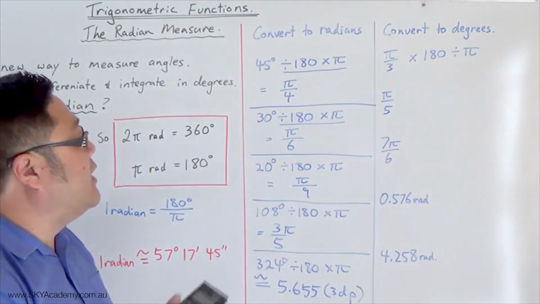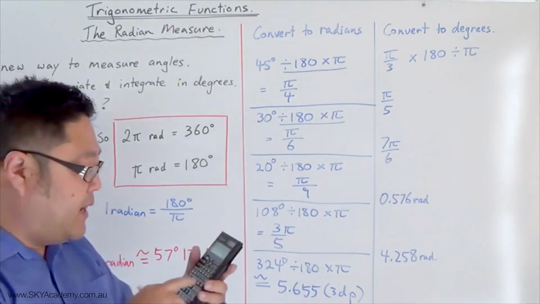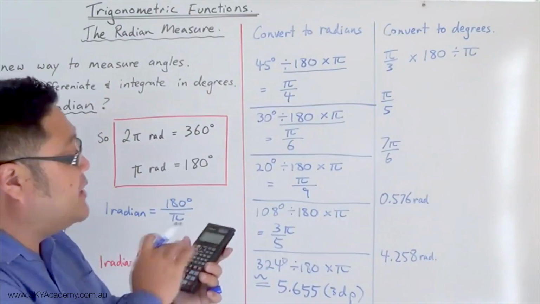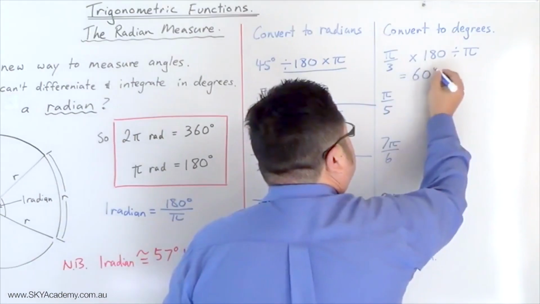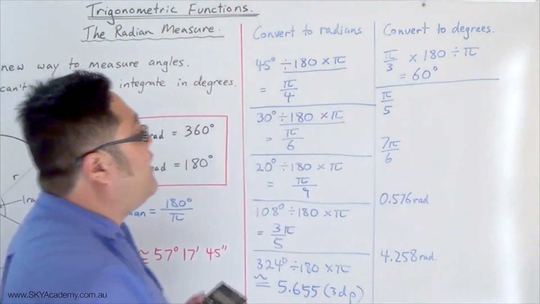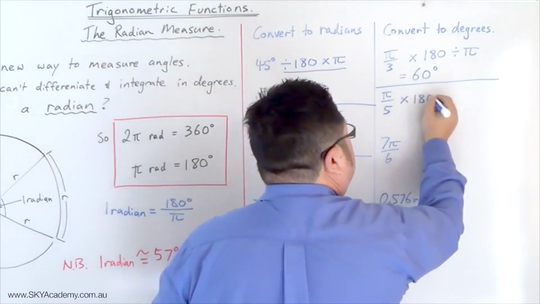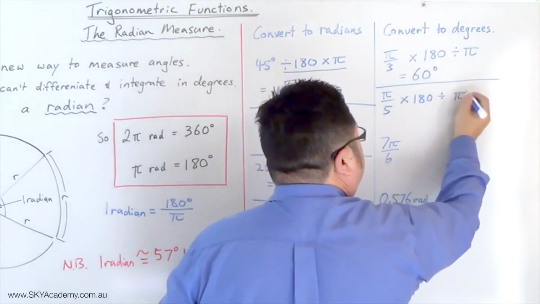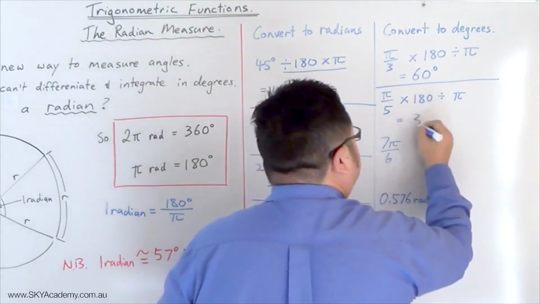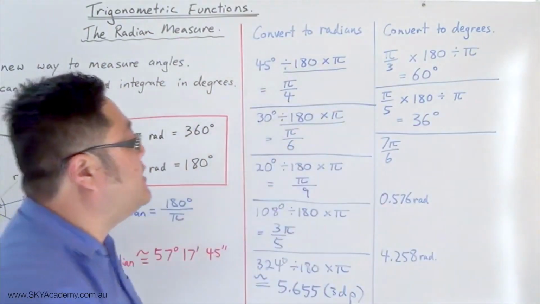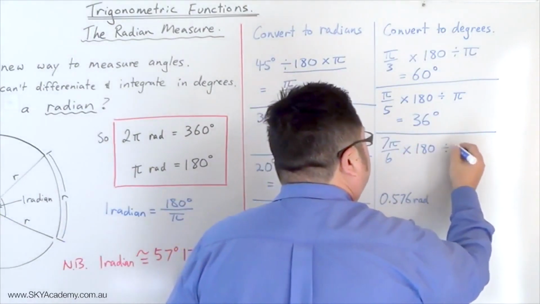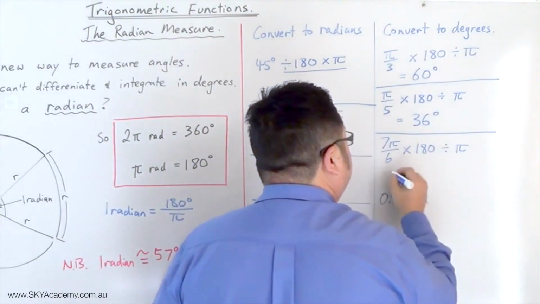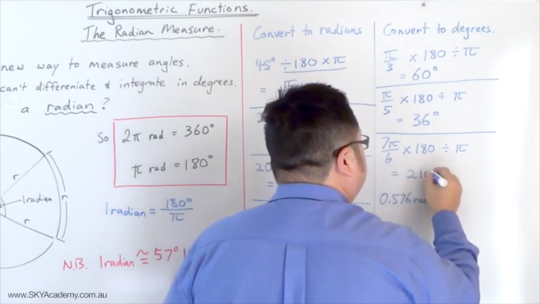Alright, so you times by 180, divide by pi, you punch that into your calculator, and you should get 60 degrees. Pi on 5 times by 180 divided by pi should give you 36 degrees. 7 pi on 6 times by 180 divided by pi, and your answer for this one should be 210 degrees.